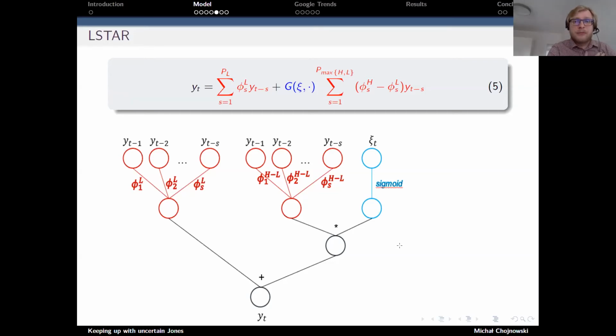This comes from the arithmetics, and there is a multiplication of the market sentiments next to it. That's why the market sentiments are only affecting the difference between high and low here.